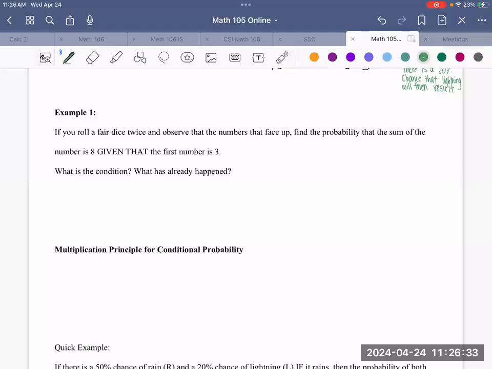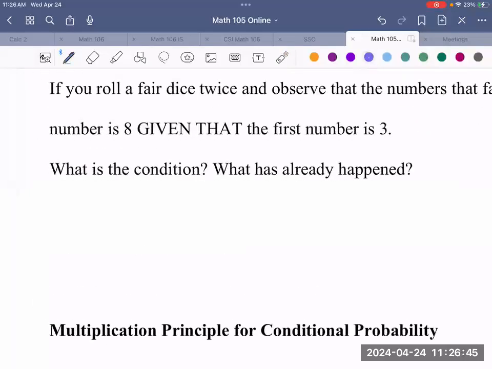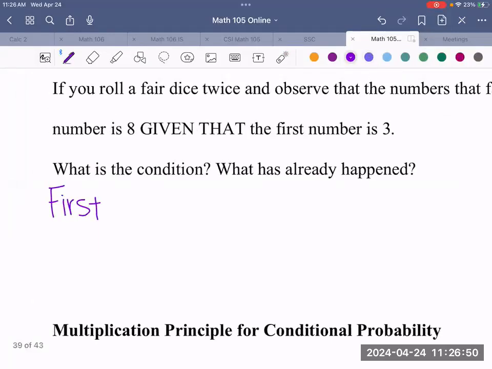So pause the video, see what you can come up with. Now, what is the condition, or what has already happened? Well, we're looking for the probability that the numbers add to 8, given that the first number is 3. So the first number rolled is a 3.